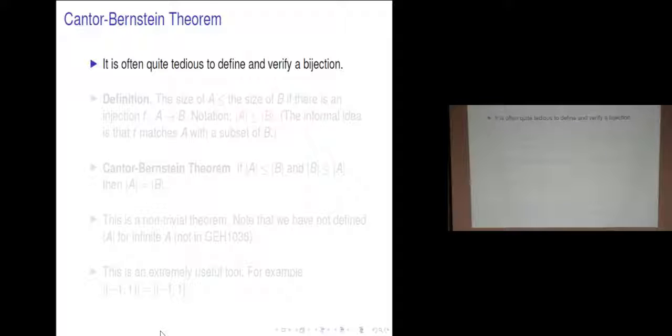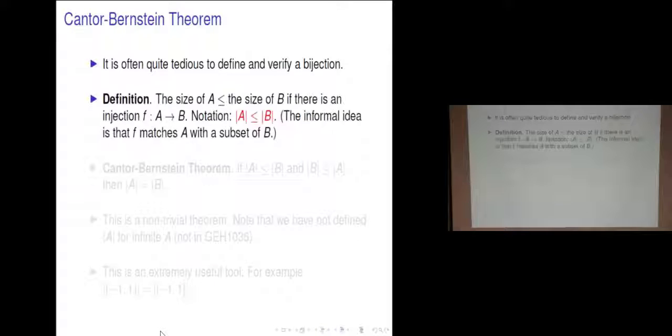But we just want to know what it says. So it is often tedious or requires cleverness to define and verify a bijection. So can we show that two sets are of the same size without finding the bijection explicitly? The answer is we can. We can use the theorem.